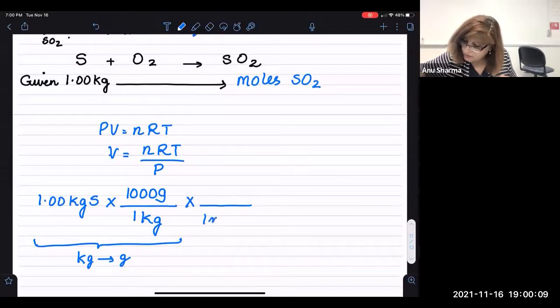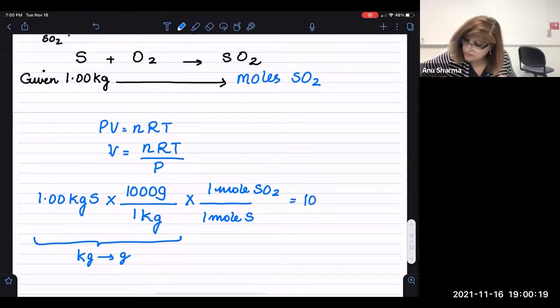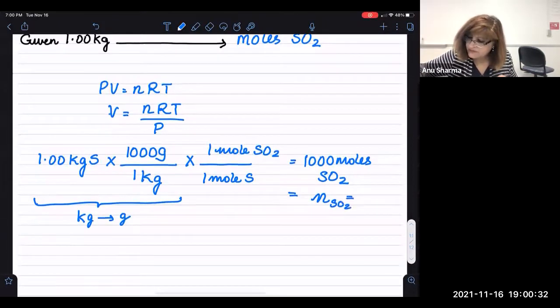So 1 mole of sulfur is producing 1 mole of sulfur dioxide. So this comes out to be 1000 moles of sulfur dioxide. Okay, now we have the moles of sulfur dioxide, which is equal to n. n for sulfur dioxide is 1000.